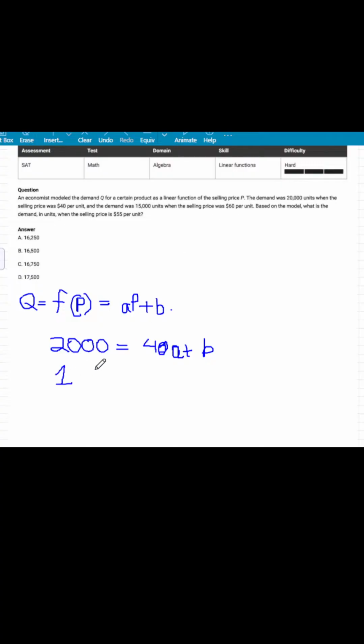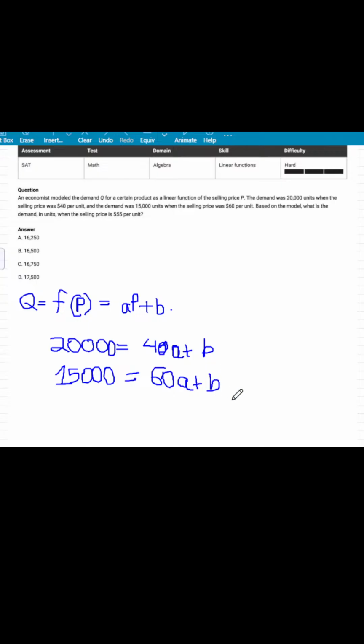So 15,000 is equal to 60A, because P is 60 here, the selling price, 60A plus B.